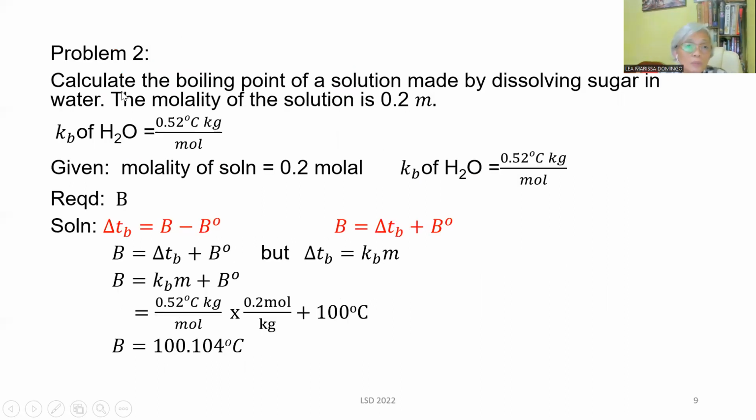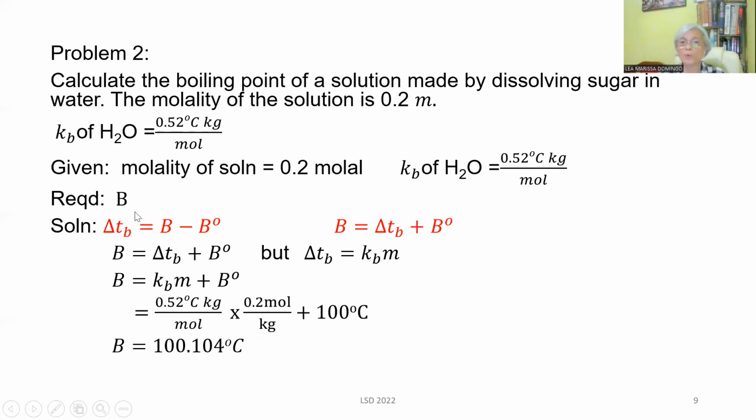So we calculate the boiling point of a solution made by dissolving sugar in water. The molality of the solution is 0.2 molar. K sub B of water is 0.52 degrees Celsius kilogram per mole. So we are given the molality of solution, which is 0.2 molar. K sub B is 0.52 degrees Celsius kilogram per mole.